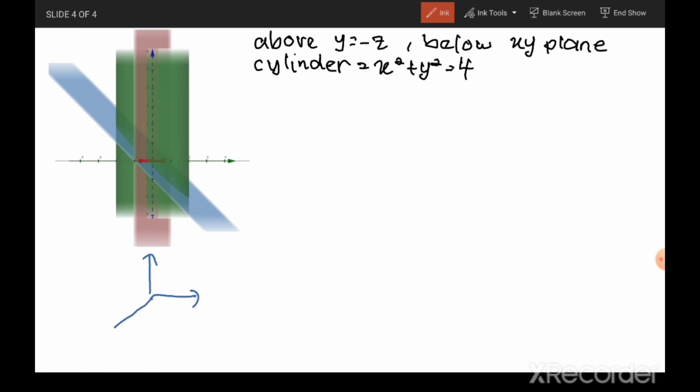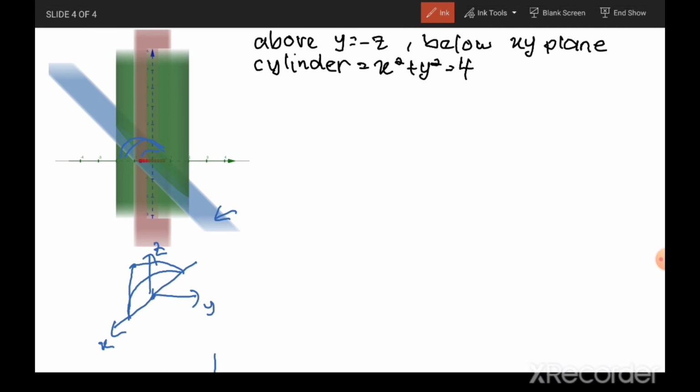I try to draw it because sometimes it's difficult, as there are many planes here. Below the xy plane there is a cylinder, and due to the plane y equals negative z, there is a cylinder that is cut by that plane.